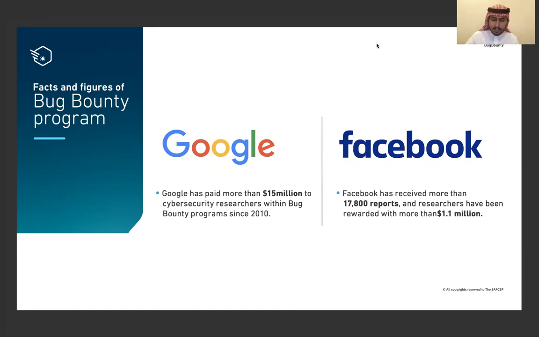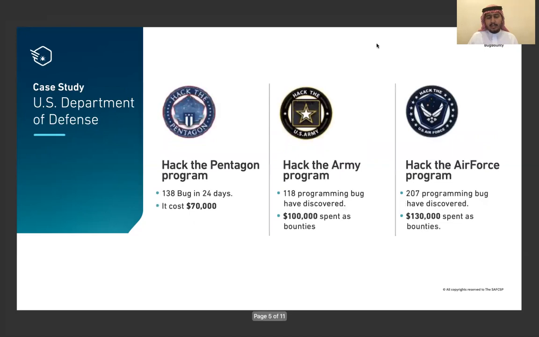From the government side, we see that the US Department of Defense started their first bug bounty program in 2016, which is the Hack the Pentagon program. That was their pilot, and once they realized the benefit and the outcome of that program, in 2017 they started the Hack the Army program.